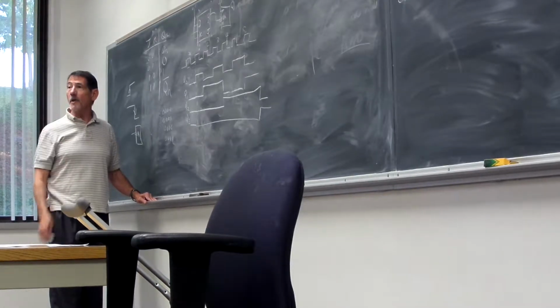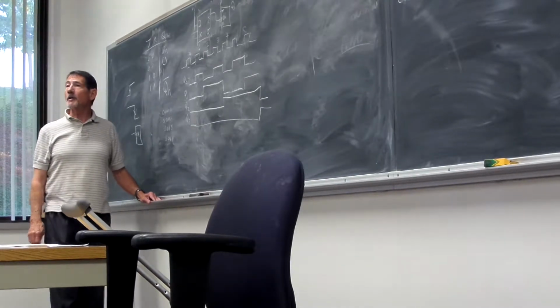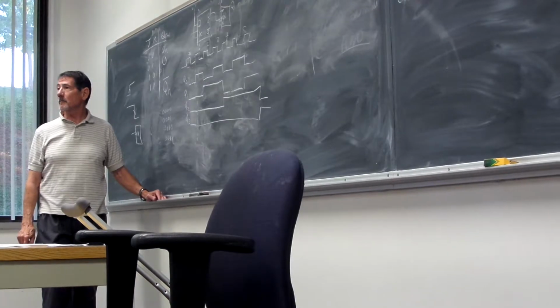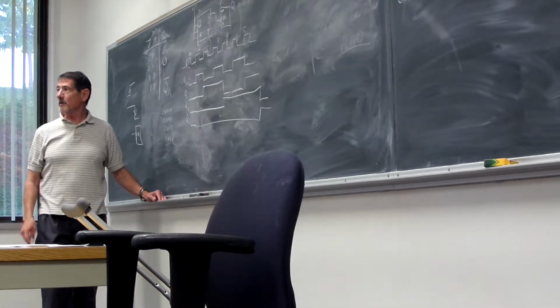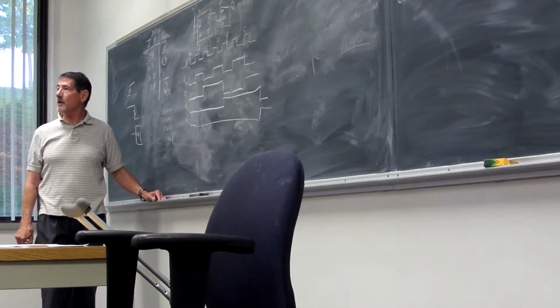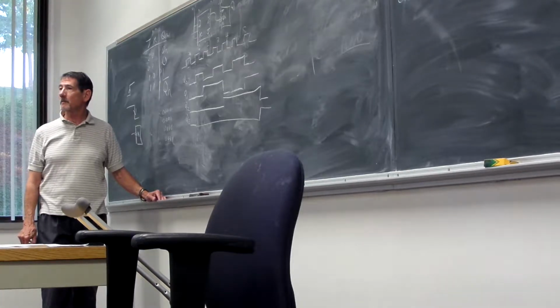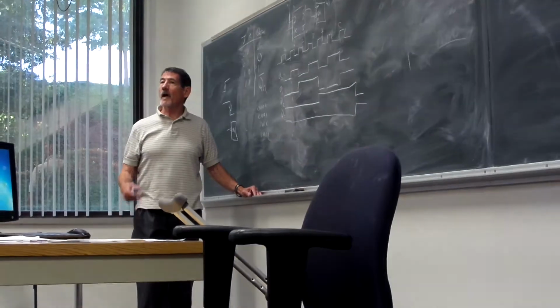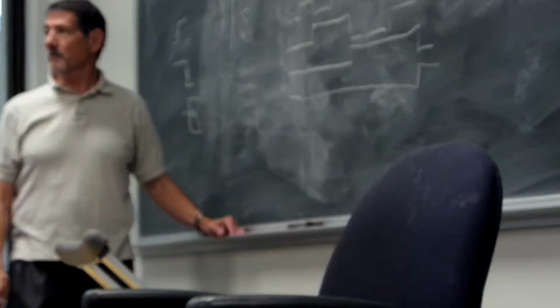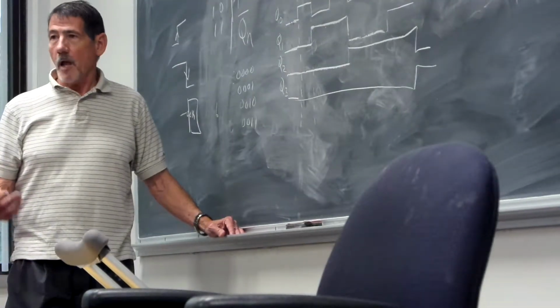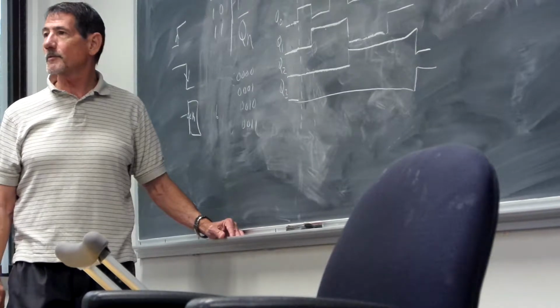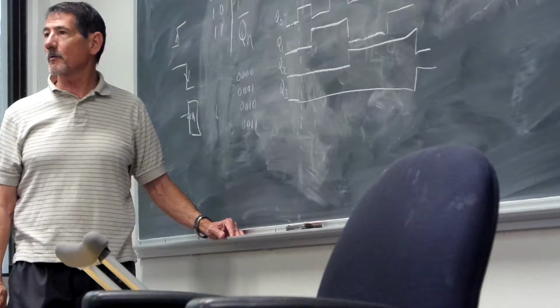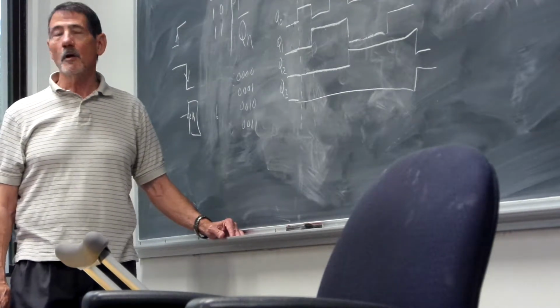It's like a 4-bit counter. So you could count how many things? 16 things. There's 4 bits here, so we can count 16 things. What would we do if we wanted to count 10 bits? Add more of these flip-flops together. Is that all right with everyone? Okay.